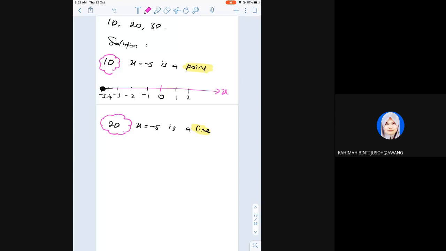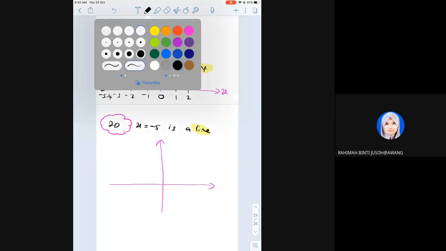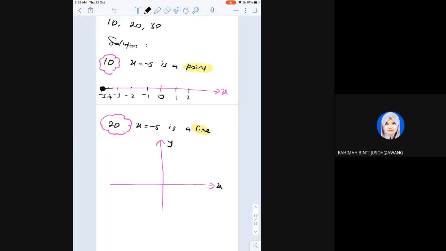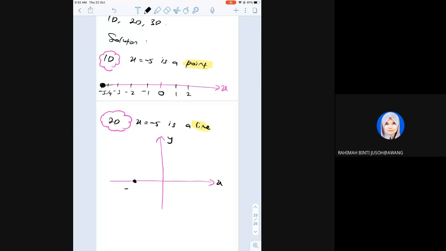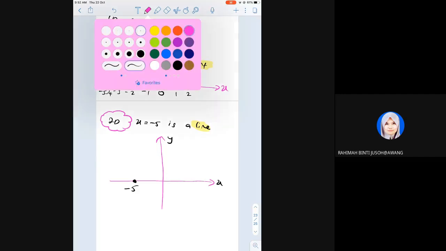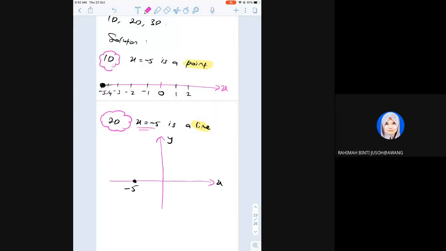Okay, a line. How to do it? Bila 2D bermaksud ada dua paksi lah. Okay, we have two axes, X and Y. So X equals to -5 should be somewhere here. This is -5. Okay guys, now in X equals to -5, in this equation, there is no Y, right?